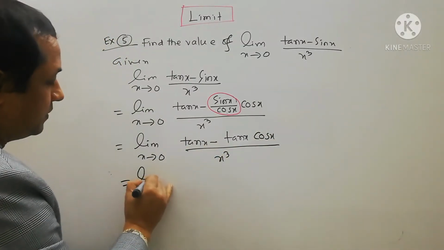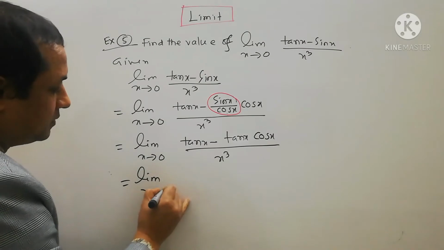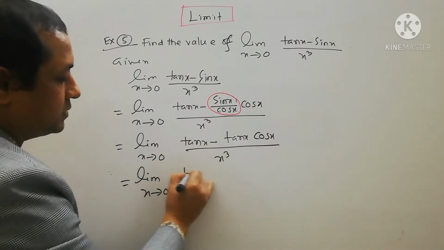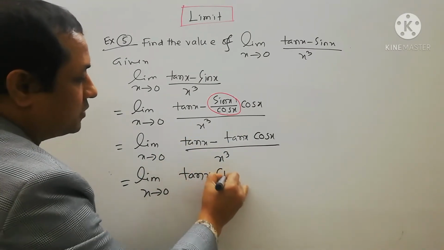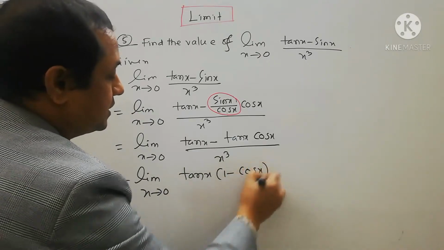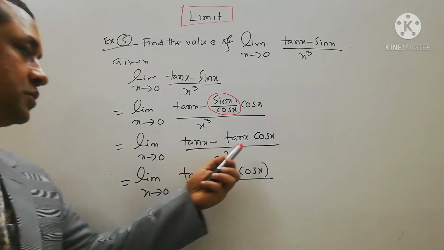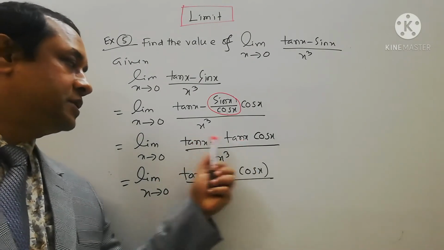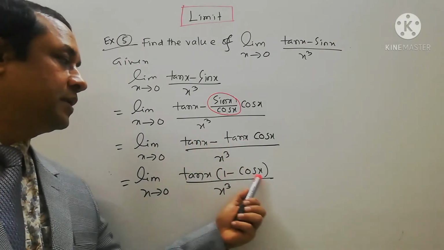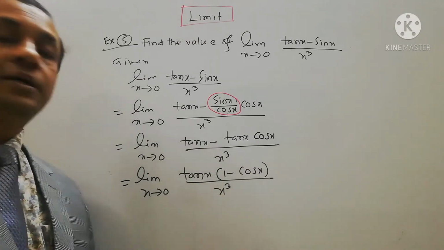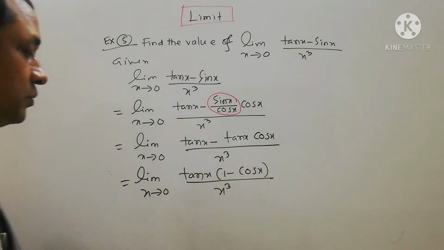Now taking tan x common from the numerator, we get 1 minus cos x by x cube. So attention please student, taking tan x common, we get 1 minus cos x divided by x cube.